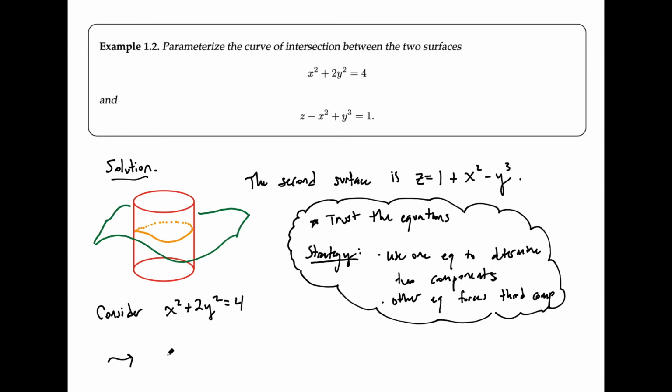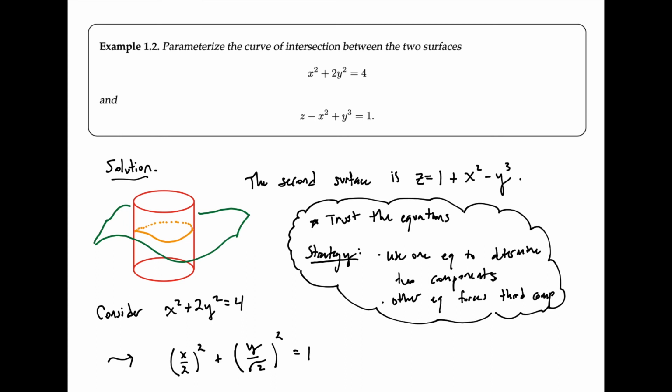If I divide both sides by 4 here, I would get x squared over 4, which I could write like (x/2) squared, plus, when I take 2y squared divided by 4, I'll get y squared over 2, which is the same thing as (y/√2) squared, and that equals 1.